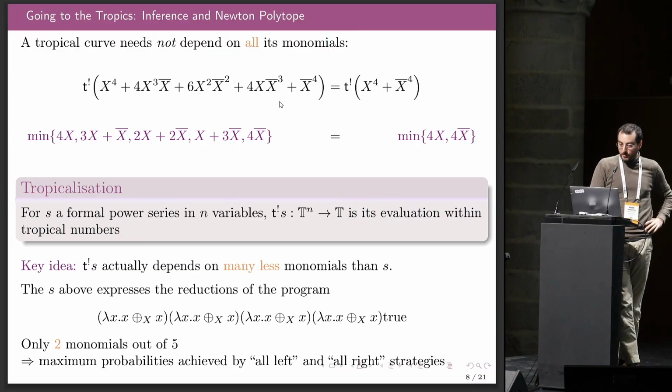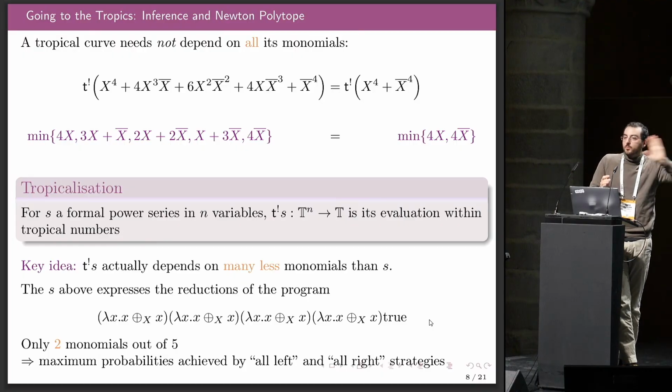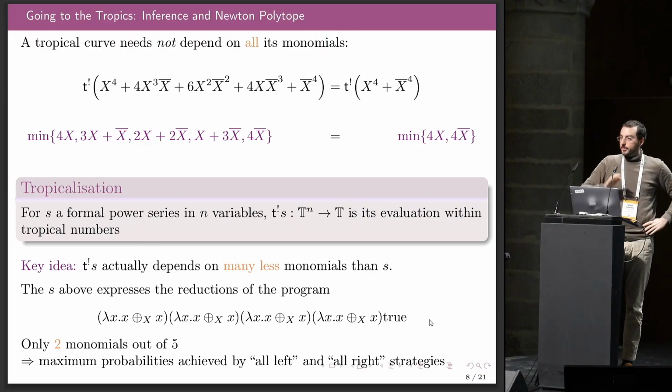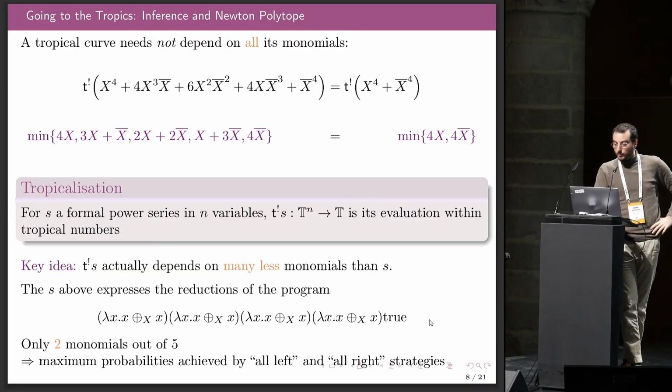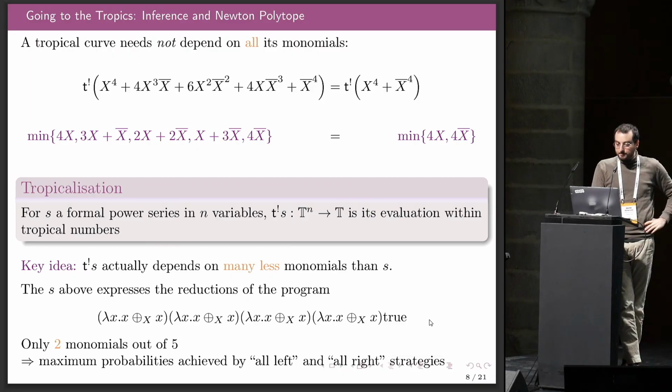For example, this polynomial up here corresponds to all the reductions of this program at the bottom to true, and the fact that this minimum shrinks to the minimum over only two monomials corresponds to the fact that the maximum probabilities of this program returning true are achieved by either always going left, so always taking heads, or going 3 times right, or 4 times. It's four calls.